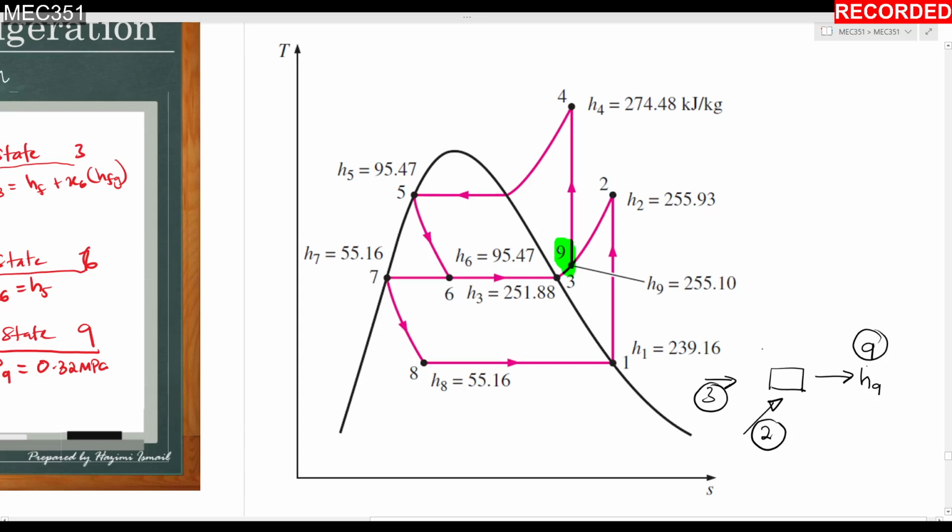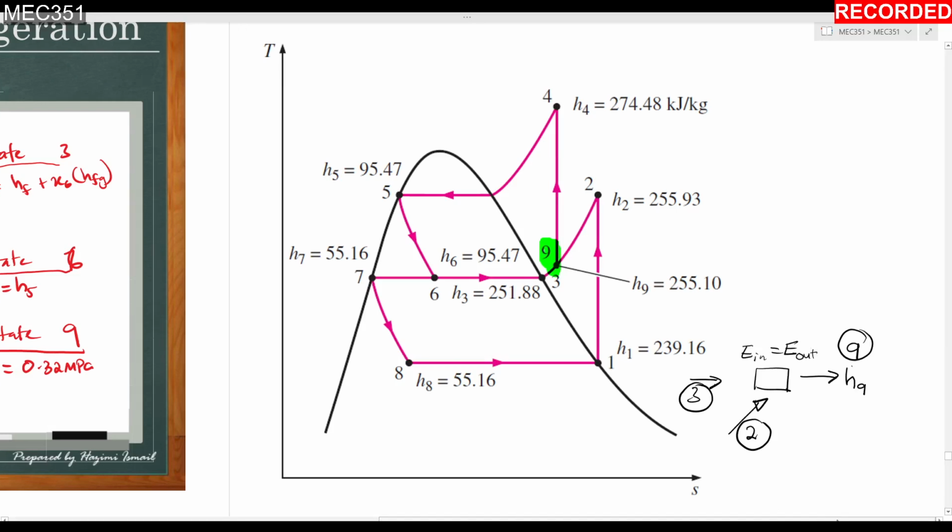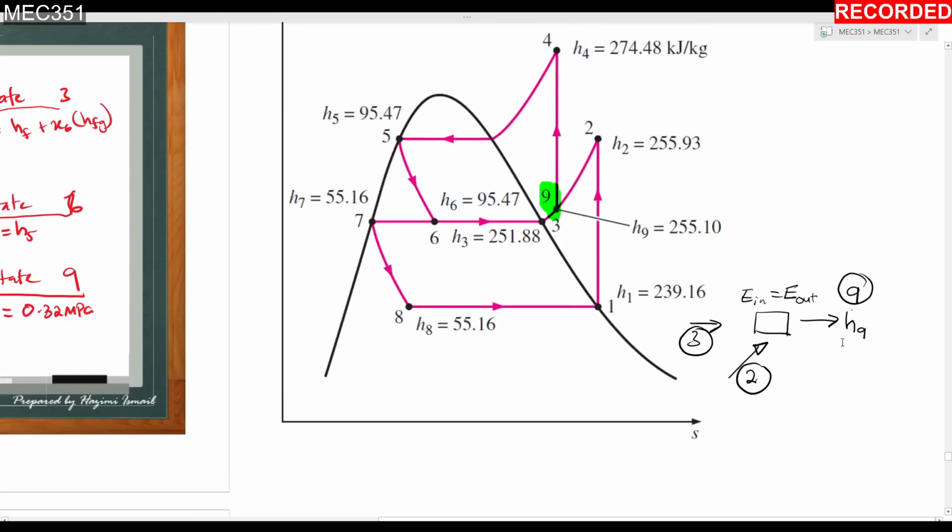So for the energy conservation, energy in equal to energy out. Okay, so this is the first law of thermodynamics. So H9 out will be equal to the in. In consists of enthalpy 3 and enthalpy 2, right?